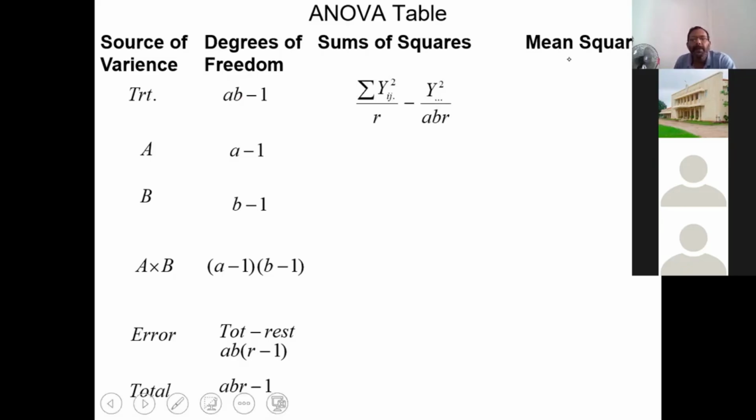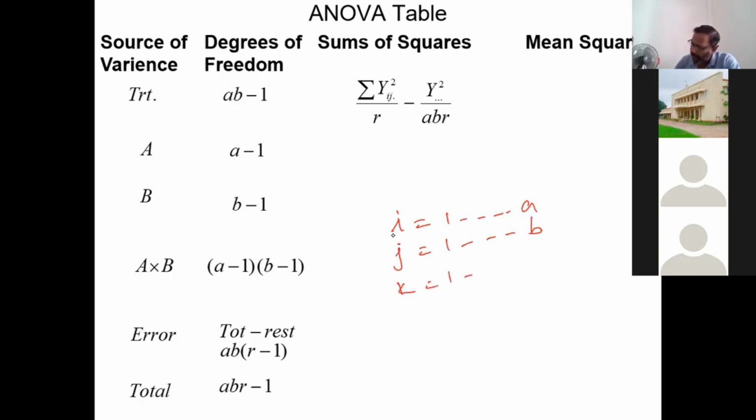Right. Now we will come to the notations. I is given for 1 to A, J is given for 1 to B, and K is given for 1 to R, the replicate.